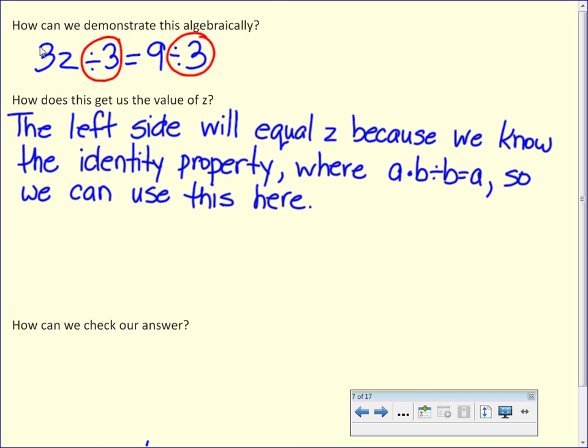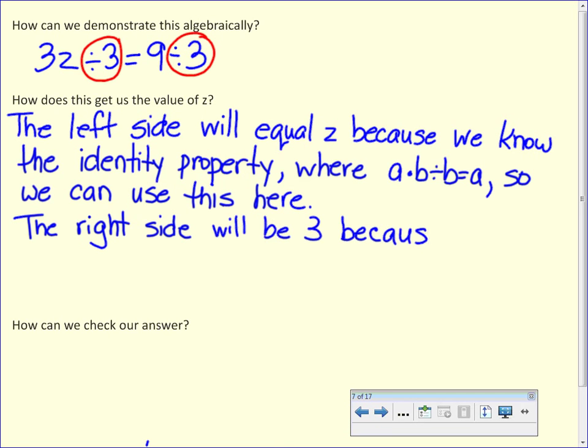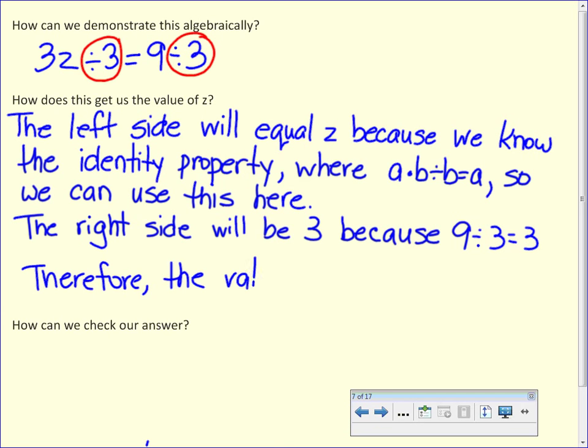Now on the right side, it will be 3, because 9 divided by 3 equals 3. Therefore, the value of z is 3.